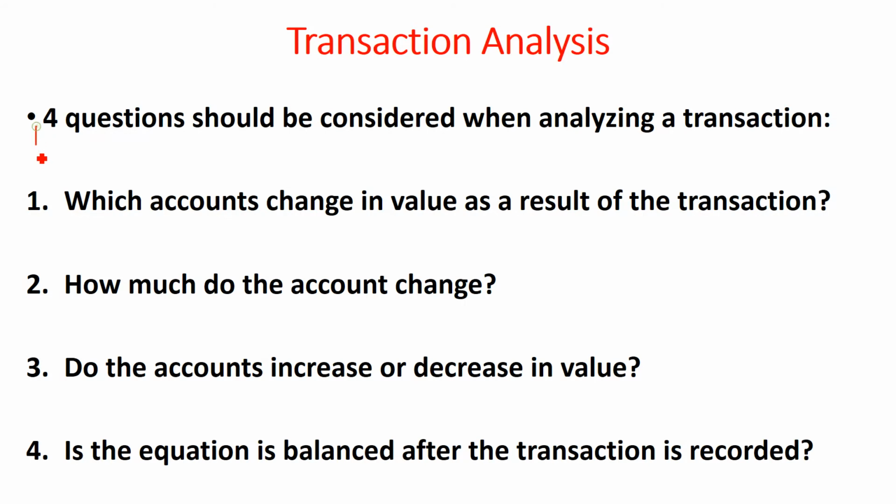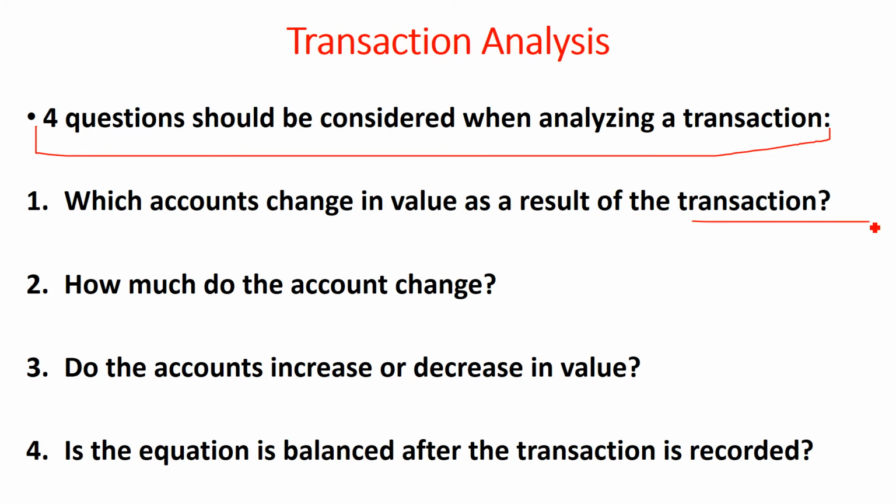Whenever you see a transaction, you should always consider four questions. The first one is, which accounts change in value as a result of the transaction? This is the first important thing.